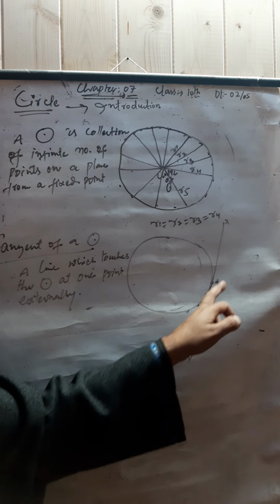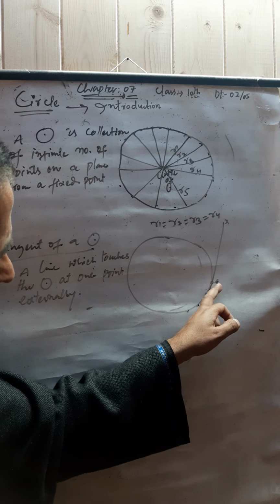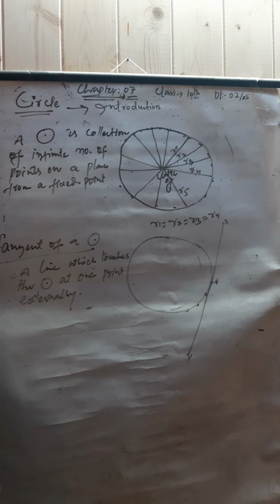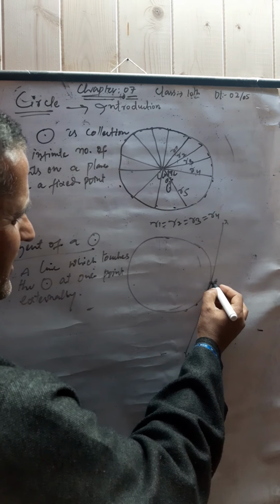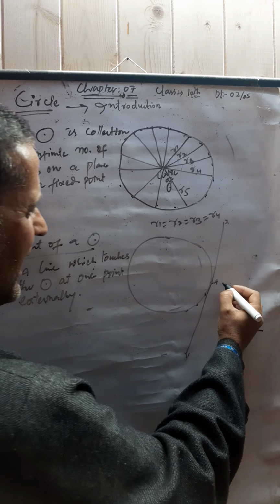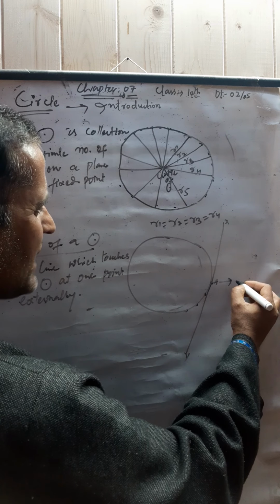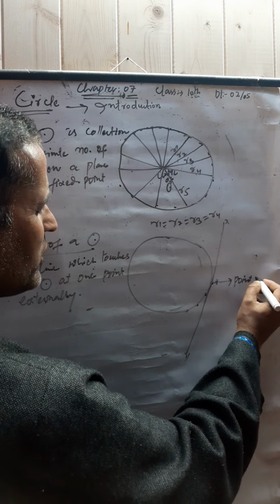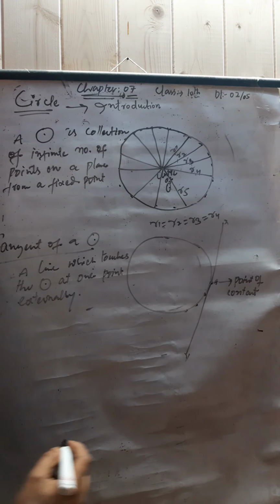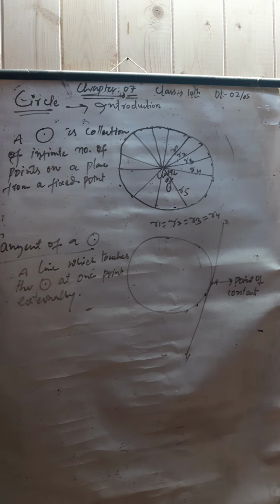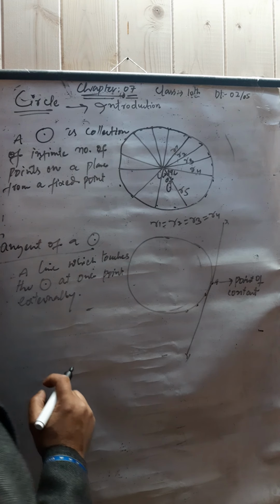Why is it a tangent? Because it touches the circle only at one point, and that point is known as the point A. So point A is the common point between the circle and the tangent, and this common point is known as the point of contact. So the point of contact is a point which is common between the tangent and the circle.